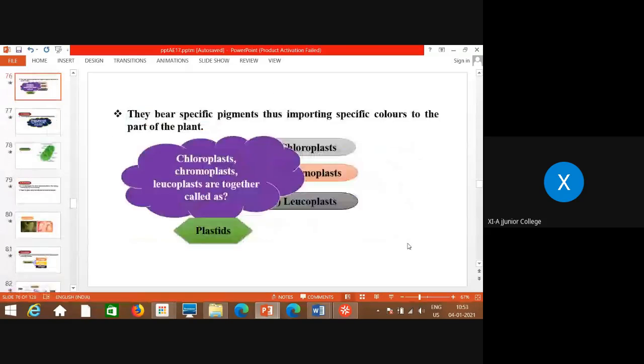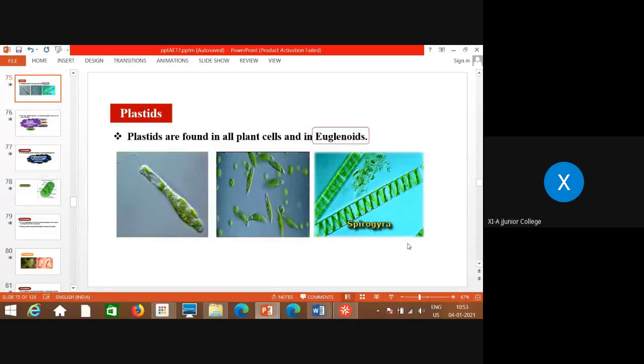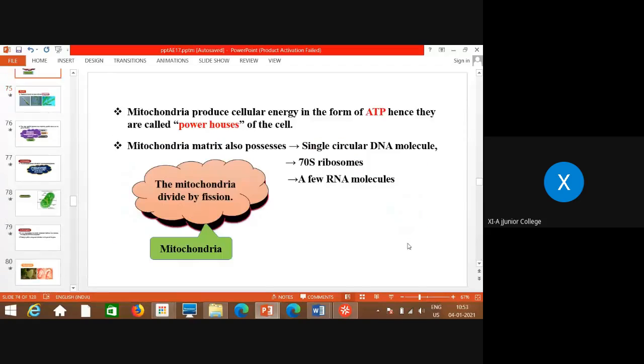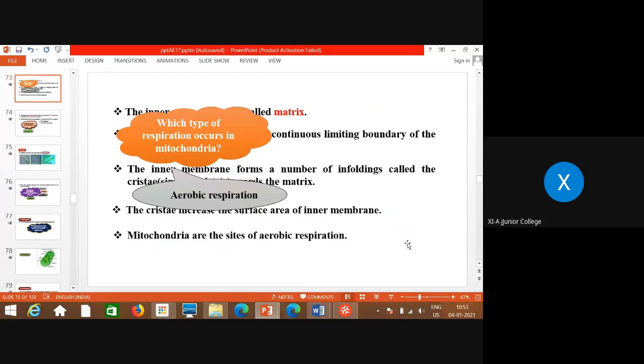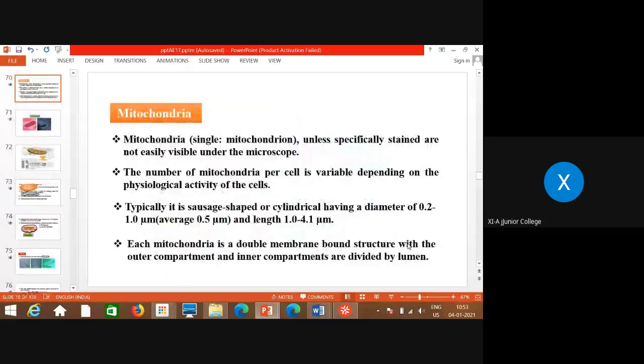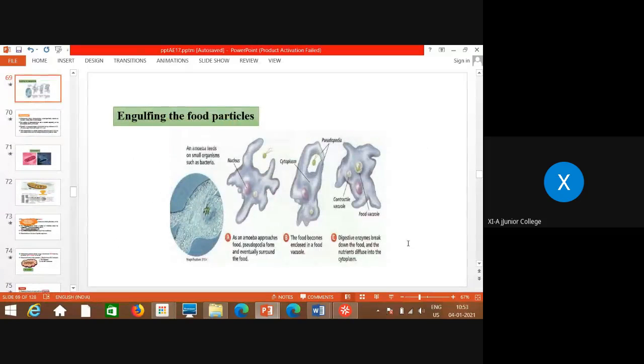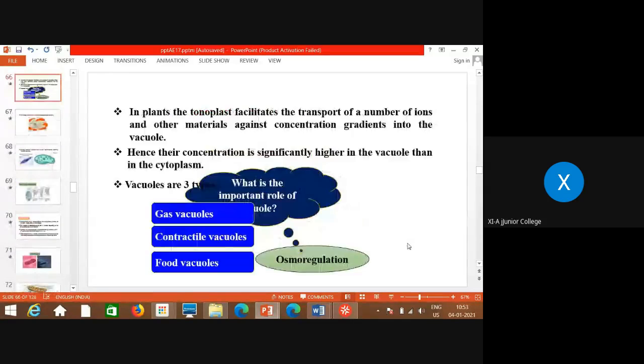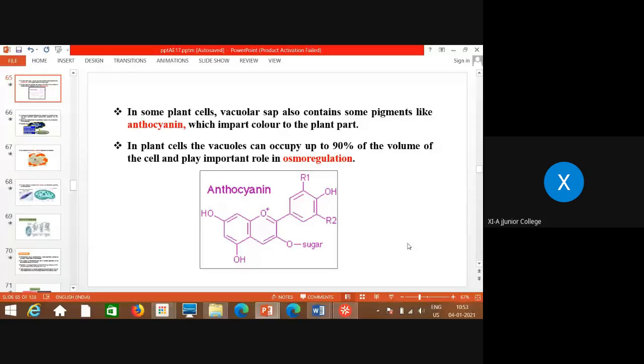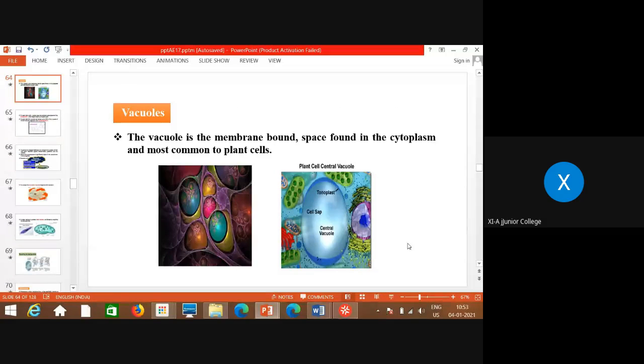Then after the plastids, we discussed mitochondria, its total structure, then vacuoles, different types of vacuoles such as contractile, food vacuoles, etc. So different types of vacuoles we discussed. So how many organelles did we discuss?